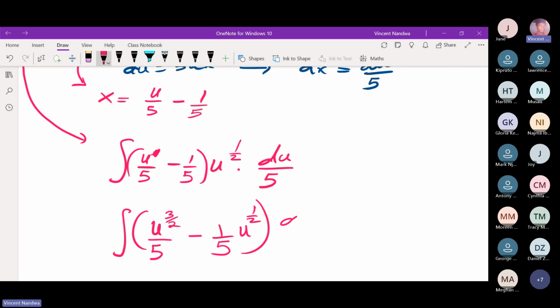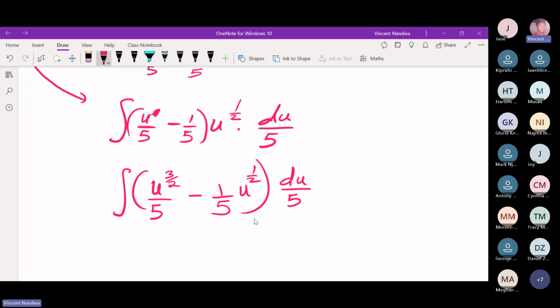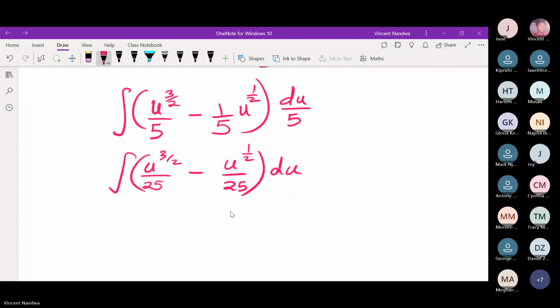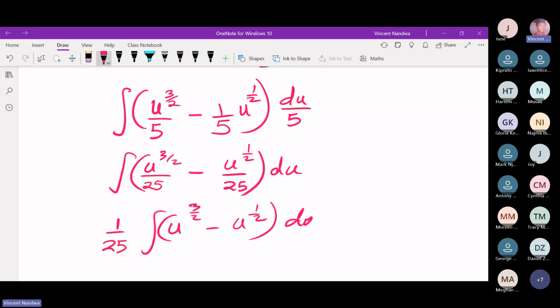So we get the integral of u to the power 3 over 2 over 25 minus u to the power half over 25, du. Then you can factor out 1 over 25: u to the power 3 over 2 minus u to the power half, then du.